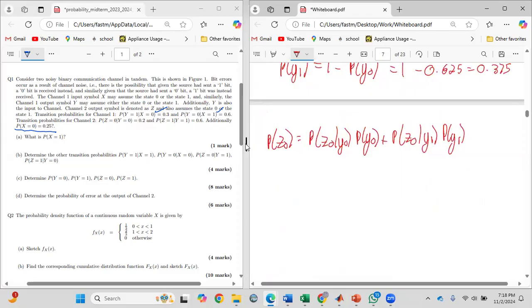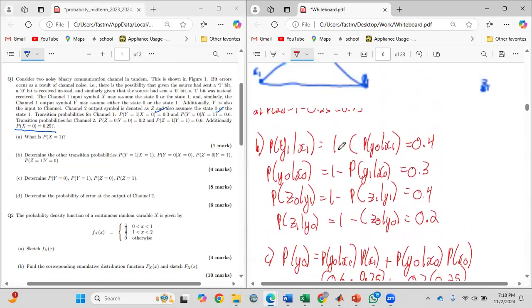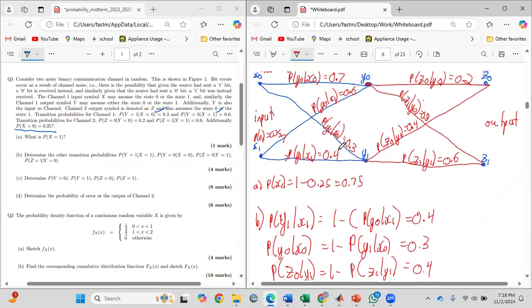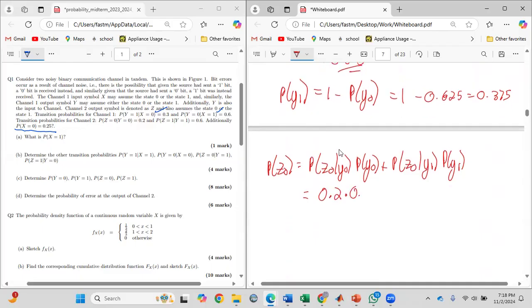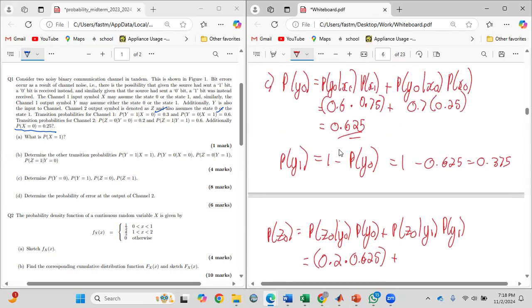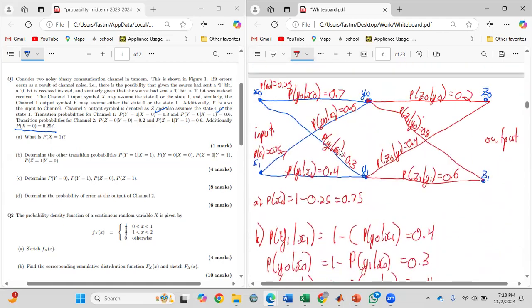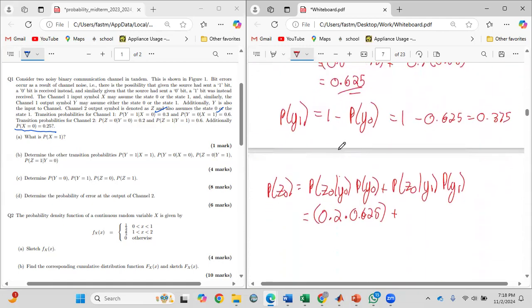So here, the probability of z0 given y0 is 0.2, times the probability of y0, 0.625, plus z0 given y1, 0.4, and the probability of y1 was 0.375.